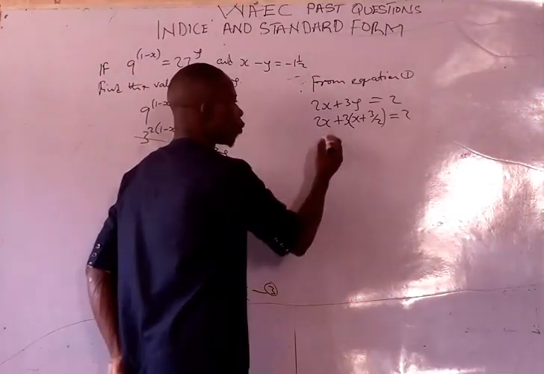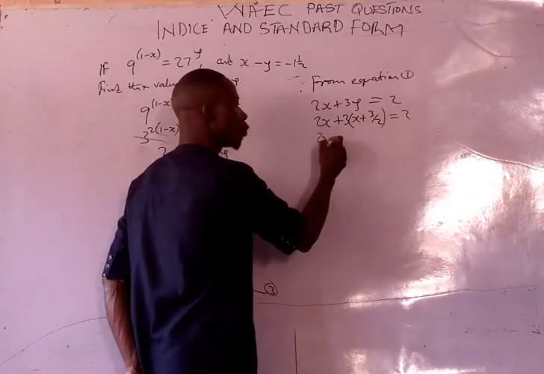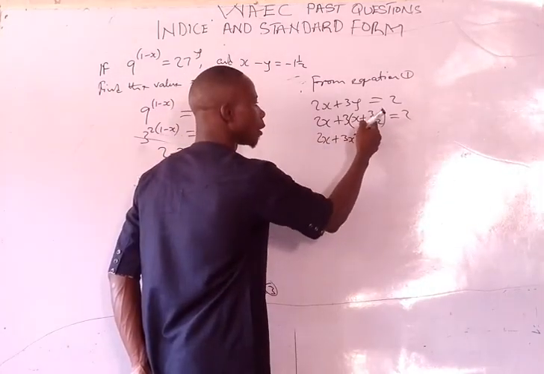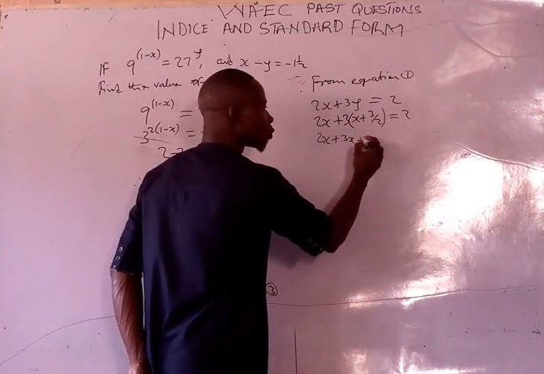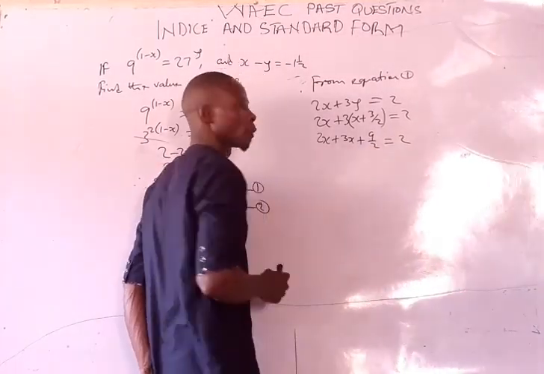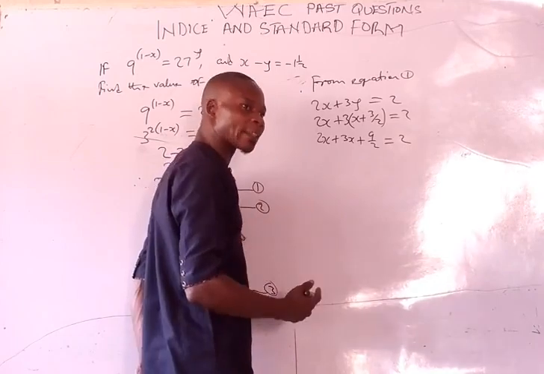First we open this bracket. This will be 2x plus 3 times x, which is 3x, and 3 times 3 over 2, which will be 9 over 2, all equals 2. Having gotten this, we collect like terms.